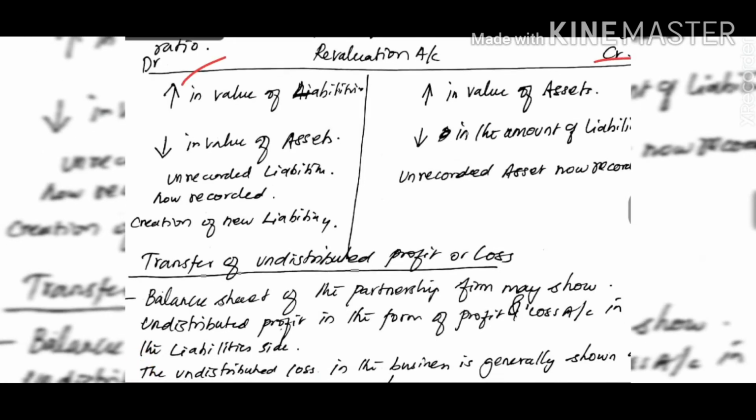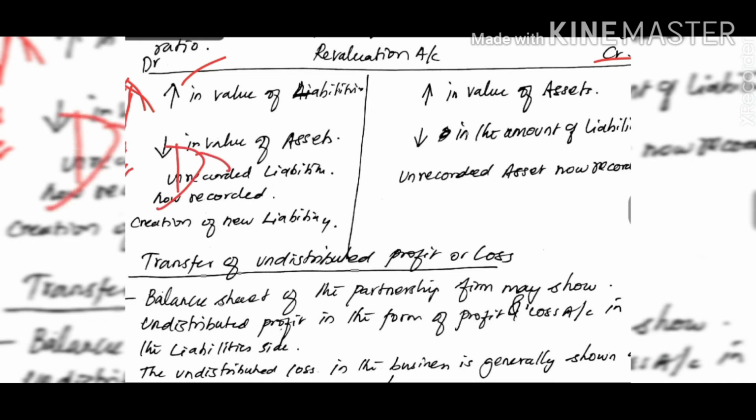Here the shortcut for preparing the revaluation account is very simple. When the value of assets increases or the value of asset decreases, when the value of liability increases and the value of asset decreases, it is debit.